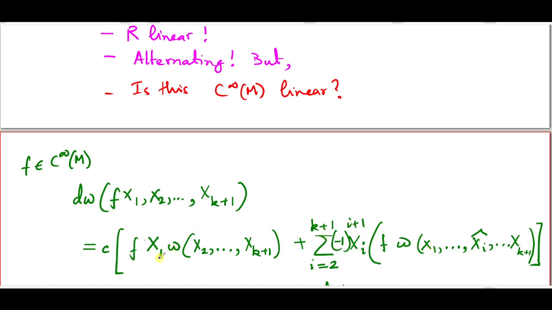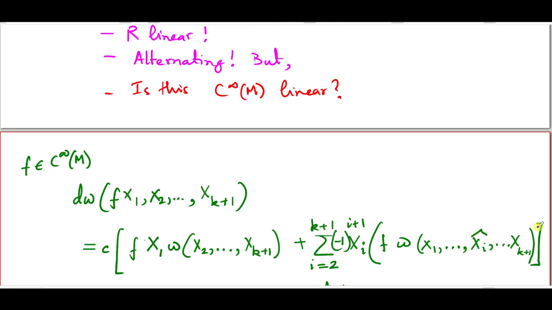The first one will simply have i equal to 1, the one term where fx1 is outside, omega is getting to act on x2 all the way up to xk plus 1, and the other sum where xi is pulled out and is missing from the argument list of omega, and this i runs from 2 to k plus 1. And fx1 was very much an argument to the omega, because omega is C infinity M linear, being a k form. I can actually pull the f out from that. So I have f times omega acting on x1, x2, xi minus 1, xi plus 1 all the way up to xk plus 1.